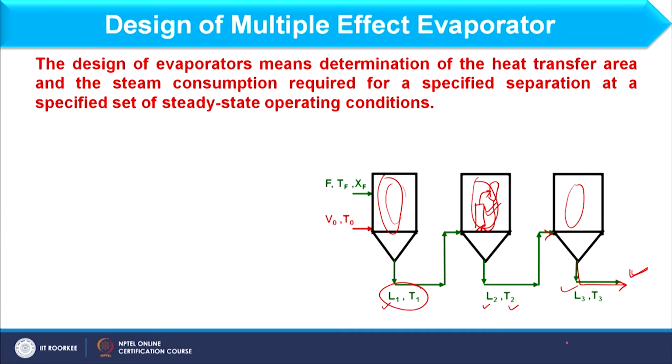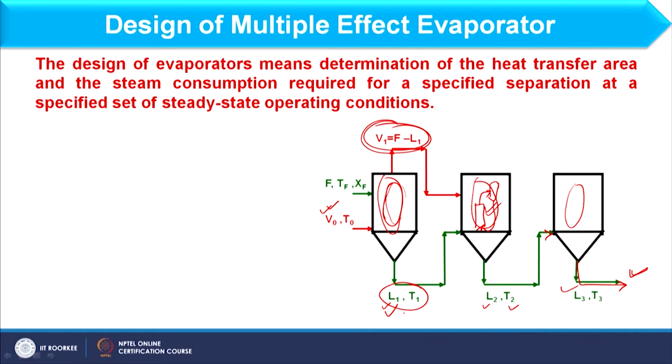At the same time, steam is entering into the first effect with flow V0 and at temperature T0. After evaporation in the first effect, vapor is generated, and that vapor is used as a heating media in the second effect. While making the mass balance, you can simply find V1 as F minus L1.